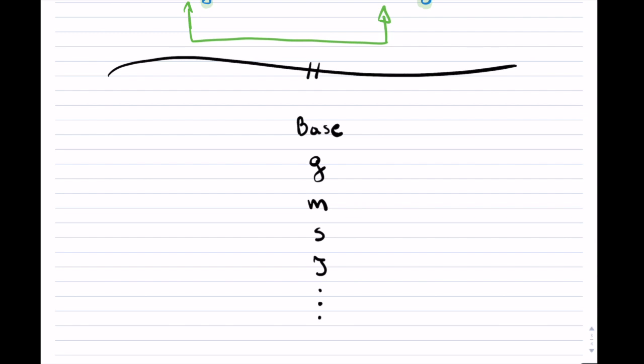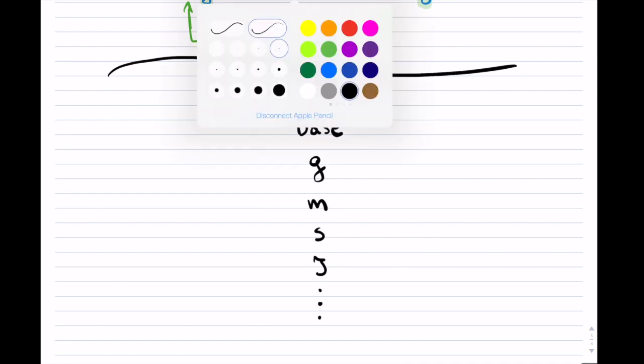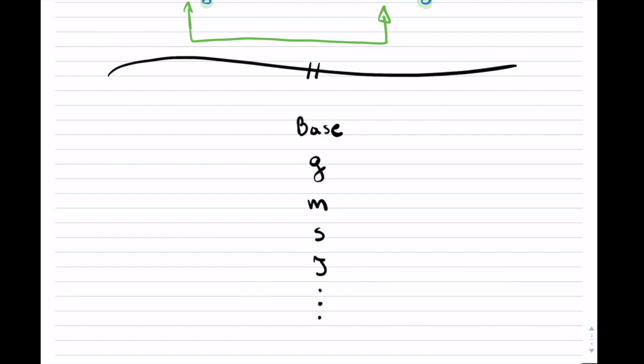And now on the left-hand side, I will put the prefixes. So the prefixes, if you would be going in the direction of the table upwards, so as they get bigger, the first one was deca, and deca just meant 10 to the power of 1.